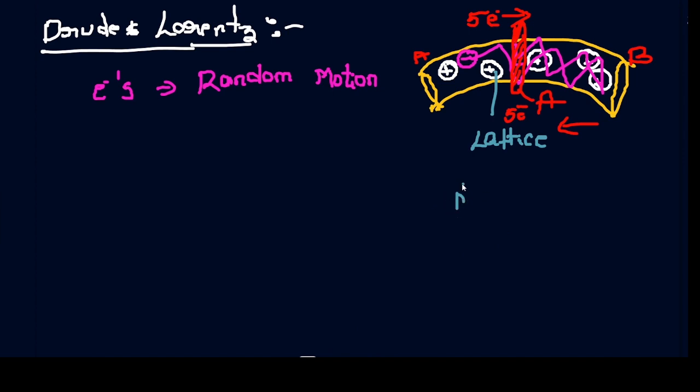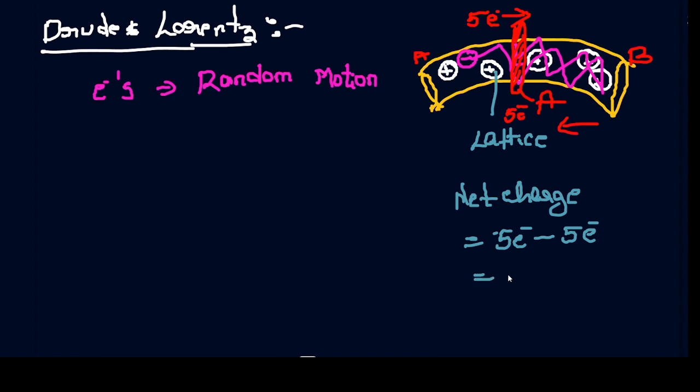Net charge is the number of charges going through that area, but if we take sign into account, then first, 5 electrons are going from A to B, and another 5 electrons are passing through this area from B to A. Since it has the opposite direction, I can say it has negative charge.